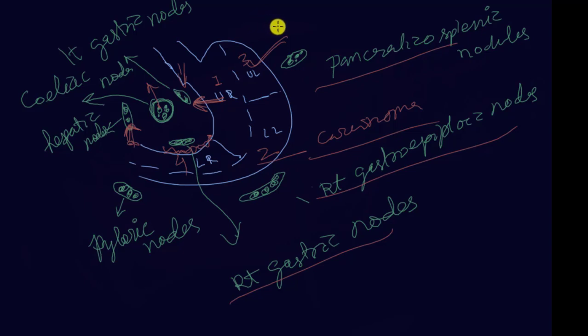What is this cisterna chyli? Cisterna chyli is the bag-like lymph vessel structure present at the lumbar region, through which your thoracic duct starts, right?